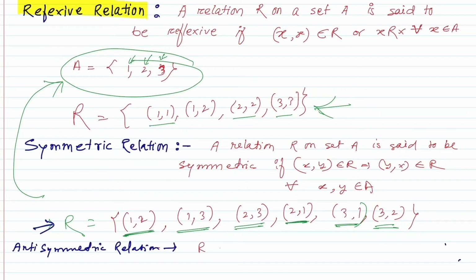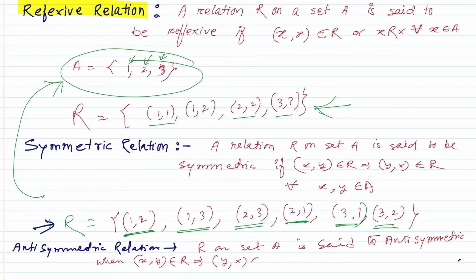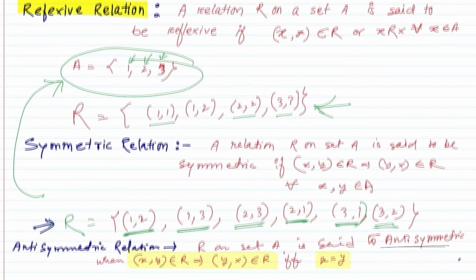A relation R on set A is said to be antisymmetric when (x, y) belongs to R and (y, x) belongs to R is possible if and only if x is equal to y.